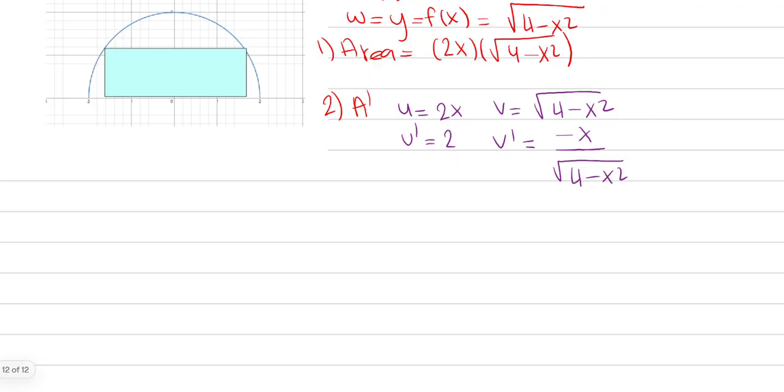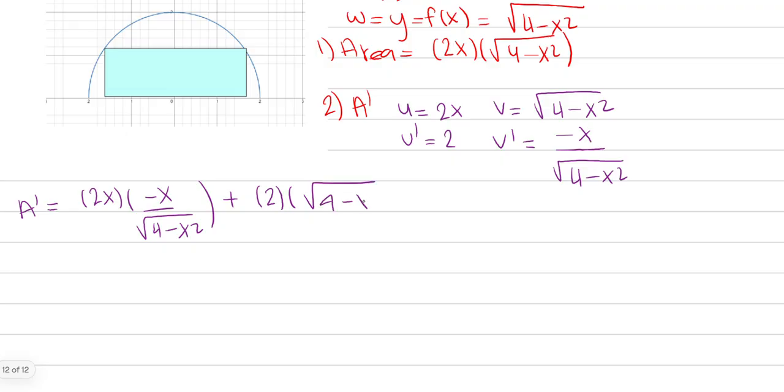So u prime v plus v prime u, I'm going to solve here. So A prime is going to give me 2x times negative x over radical 4 minus x squared plus 2 times radical 4 minus x squared.